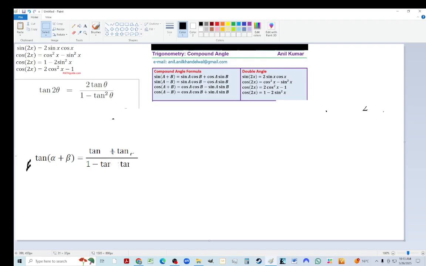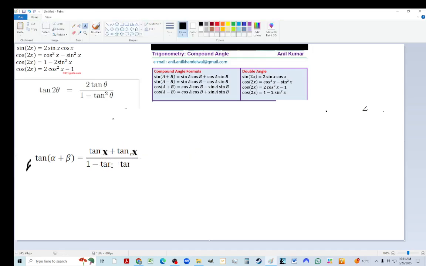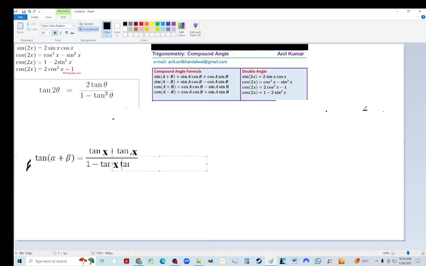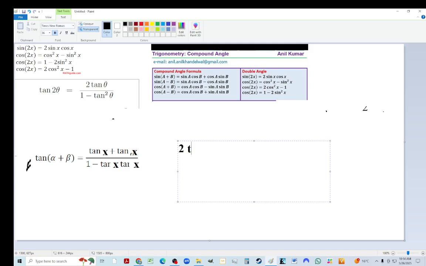The same angle, in other words. It could all be replaced with A, and it could all be replaced with B. Just a way of saying we're using the same angle. So up here, tan x plus tan x is 2 tan x. And down here, 1 minus tan x times tan x is tan squared x.